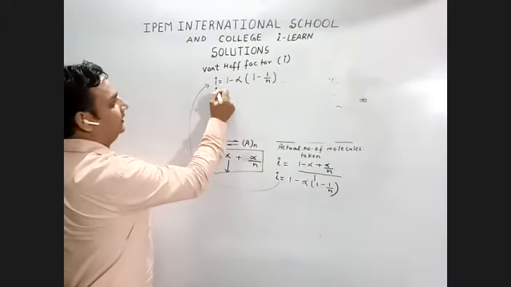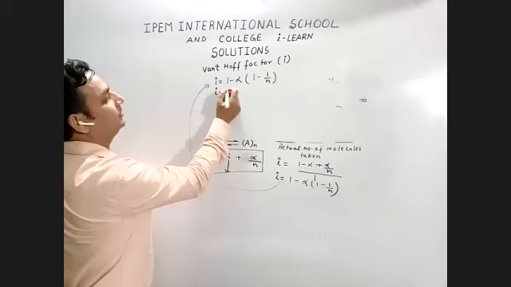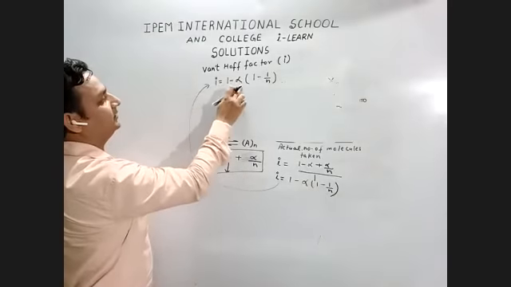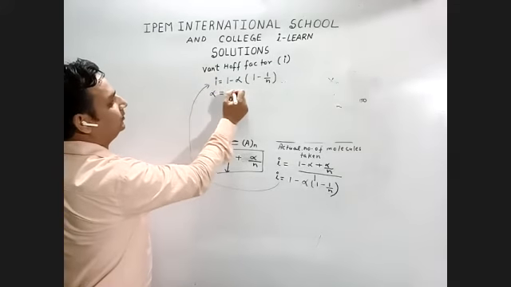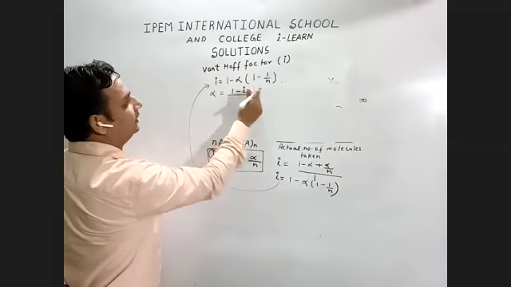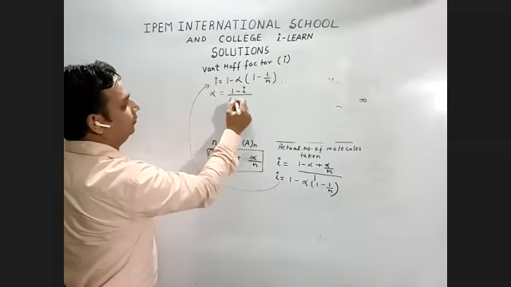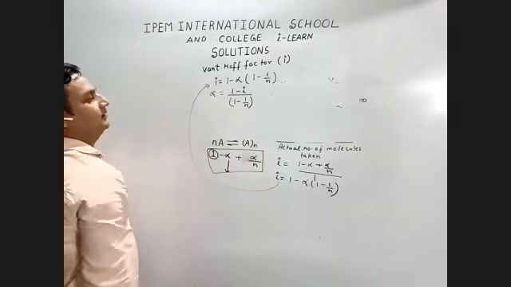So i is equal to 1 minus alpha (1 minus 1 by n). But alpha is in the minus, so we will take it to this side. Alpha is equal to (1 minus i) upon (1 minus 1 by n).